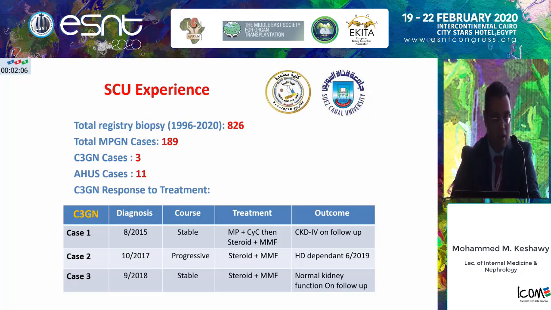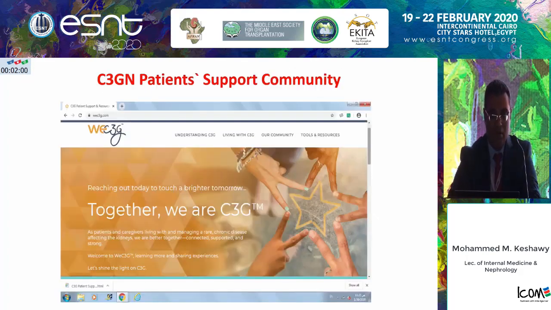And case 3 has enjoyed normal kidney function for 1 year until now. Due to the rarity of this condition, epidemiologists say it is 1 or 2 patients per million. Communities have been initiated on the internet for supporting patients and sharing their experience with caregivers.